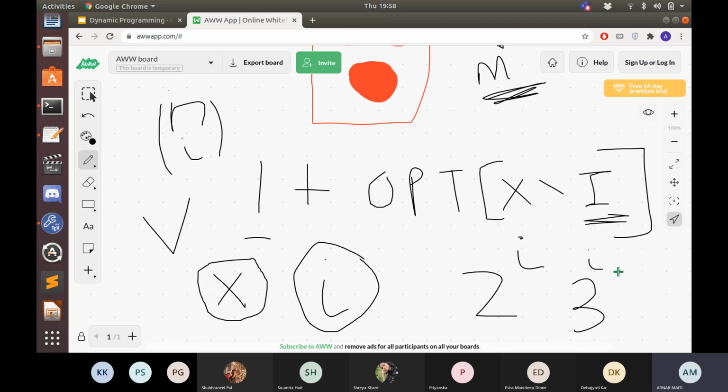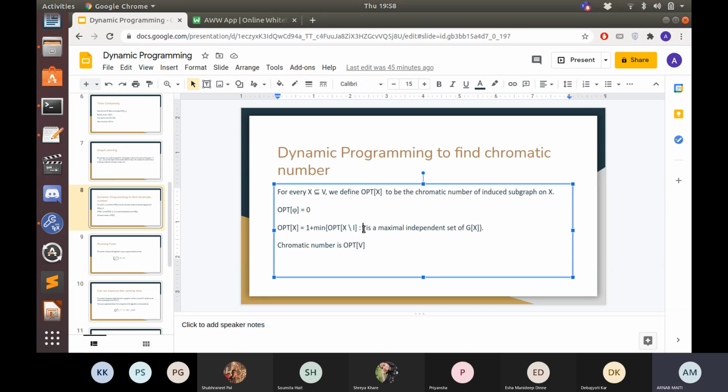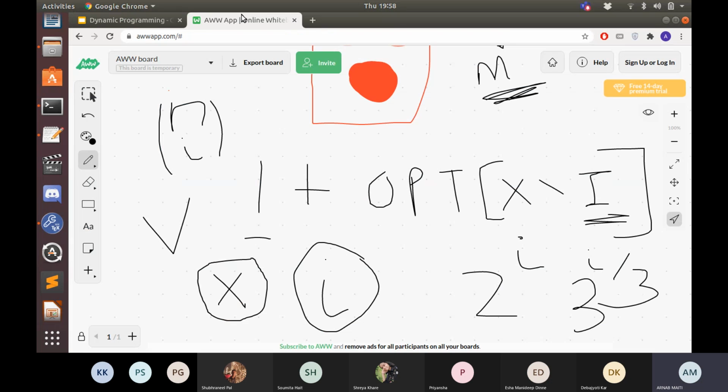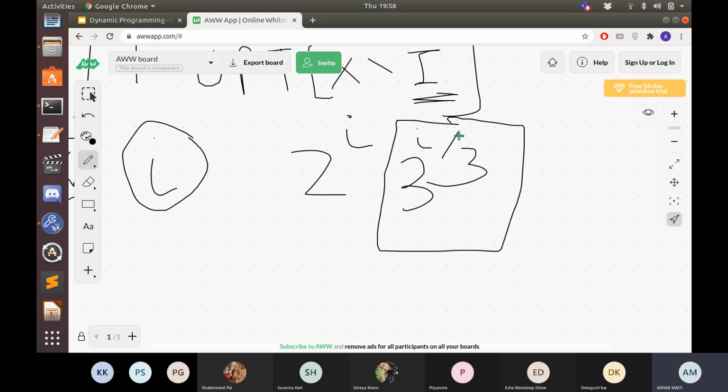One of the standing achievements. I asked where I is the number of maximal independent sets. For just independent sets, yes, we have 2 to the power n independent sets if we have a set of size n. But if we want maximal, meaning you cannot add one more vertex and still have an independent set, in that case the number of maximal independent sets is 3 to the power I by 3.